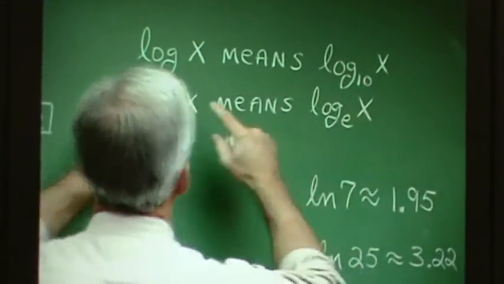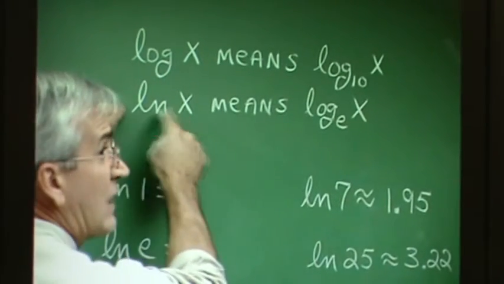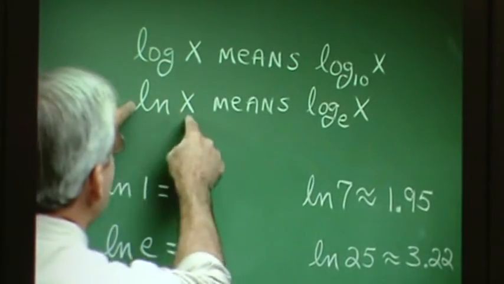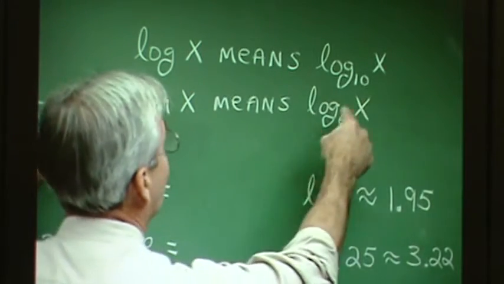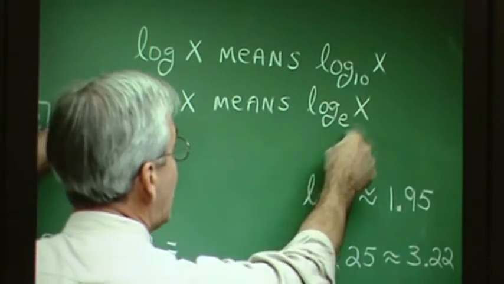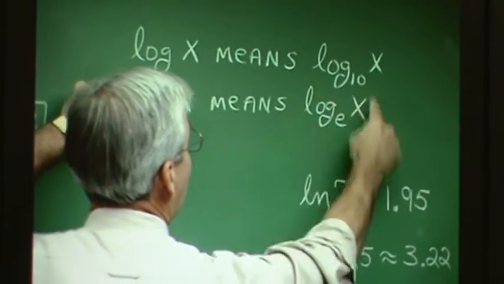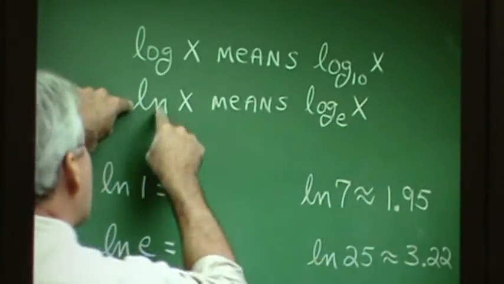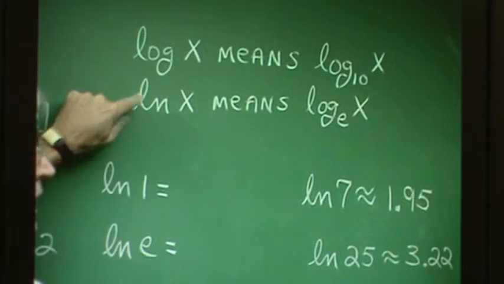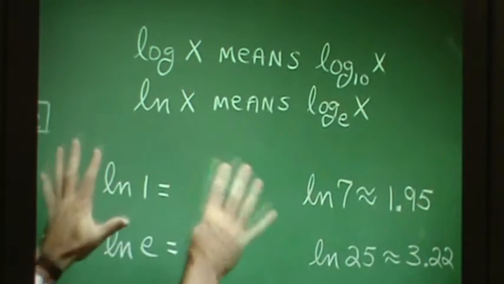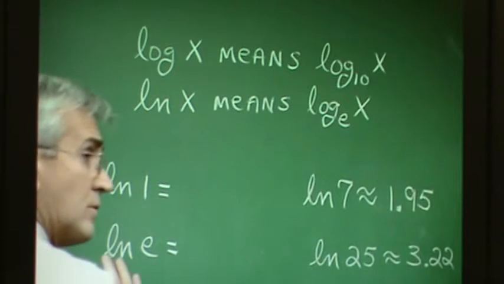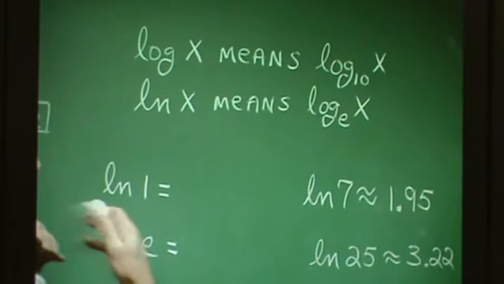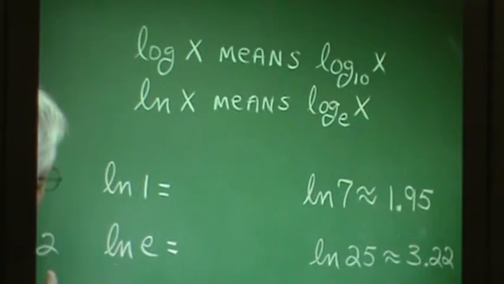But on the calculator there's an ln button, and ln x means the natural log of x, which means the log base e of x. So log base e of x means the same thing as ln x. Now, all of our rules involving regular logarithms with bases other than e apply to natural logarithms.